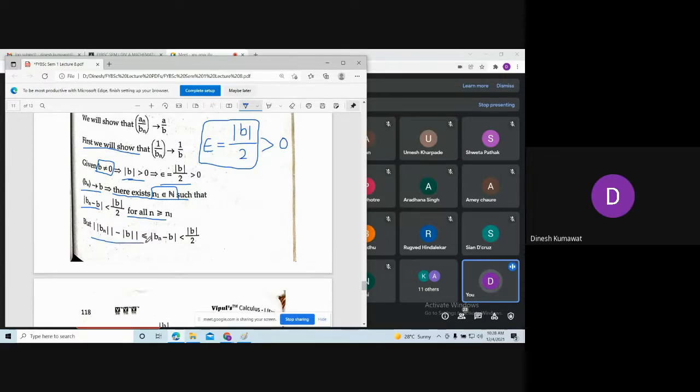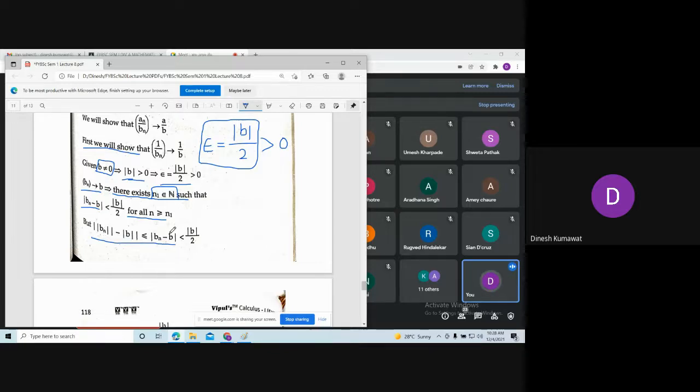Now observe, can I say this statement? This is because of which property? Did you study this property in unit number 1? Yes, sir. So here we are using that property, that is mod of mod a minus mod b is less than or equal to mod of a minus b.